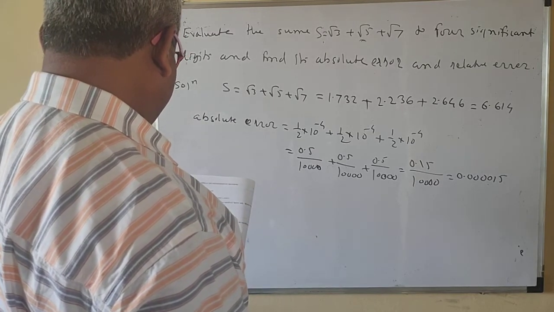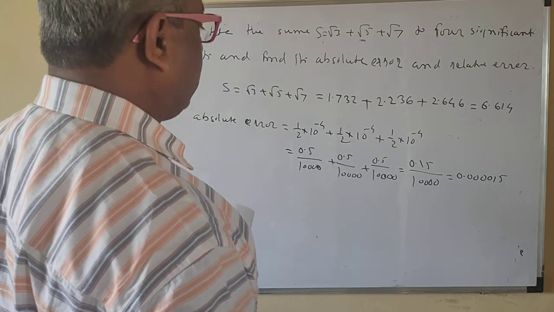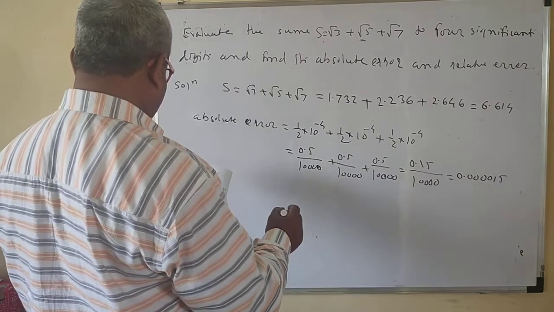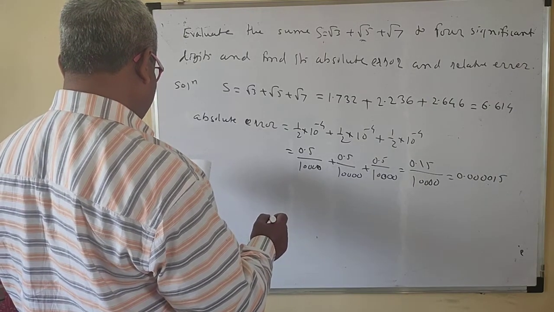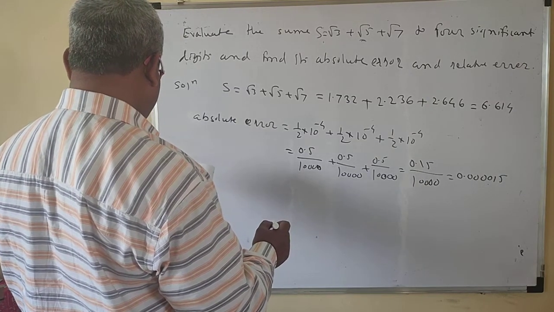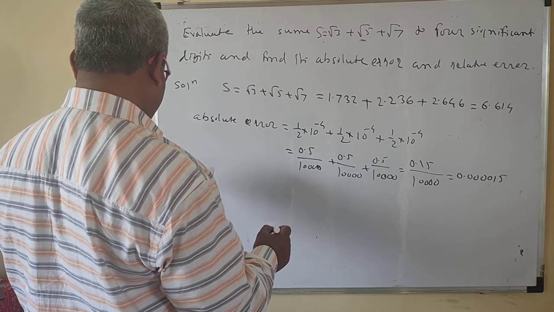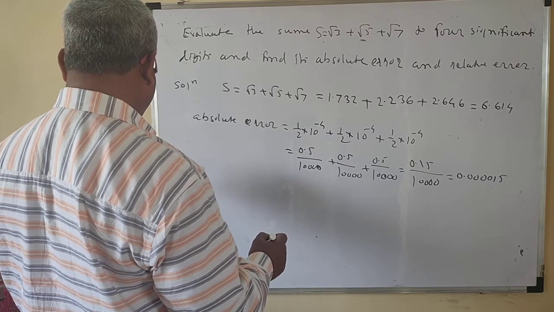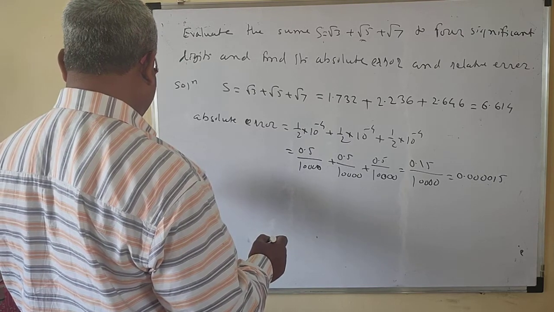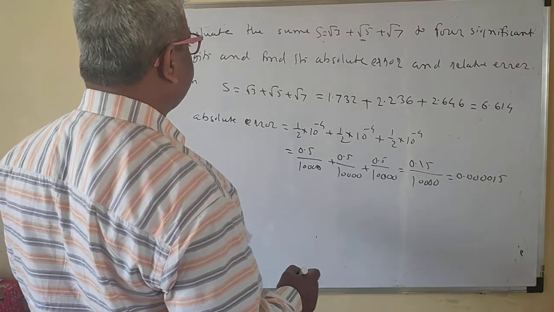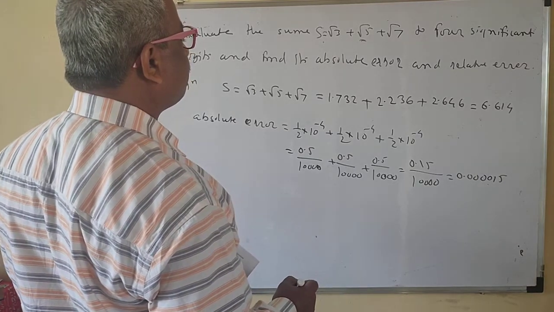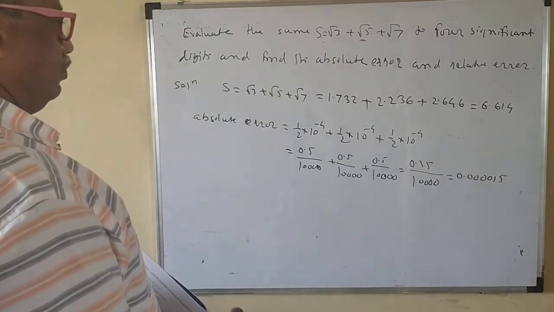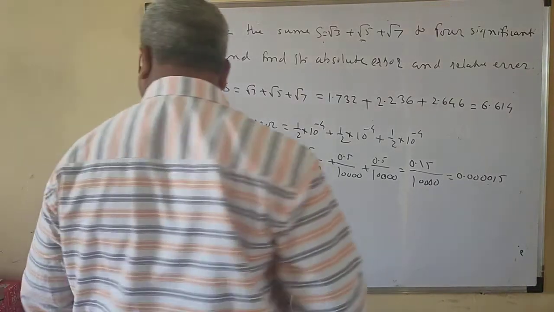Okay. So then these are the absolute error. This is correct up to 3 decimal places.